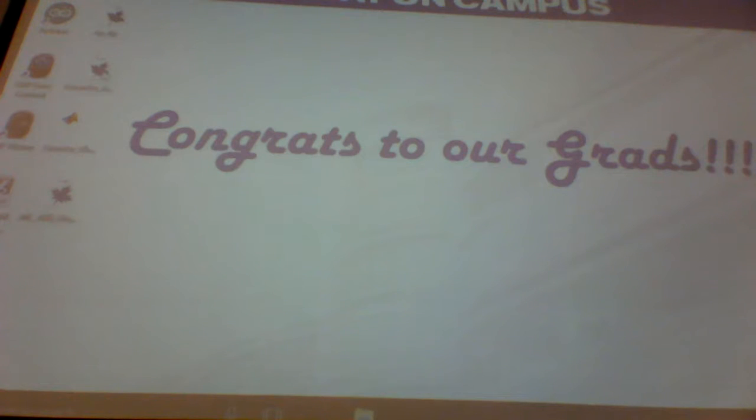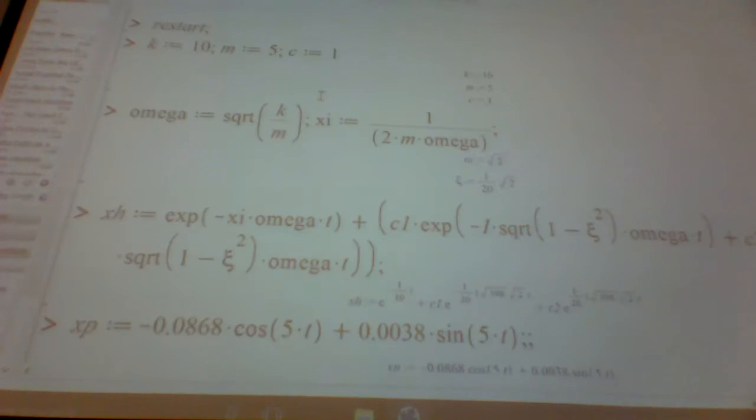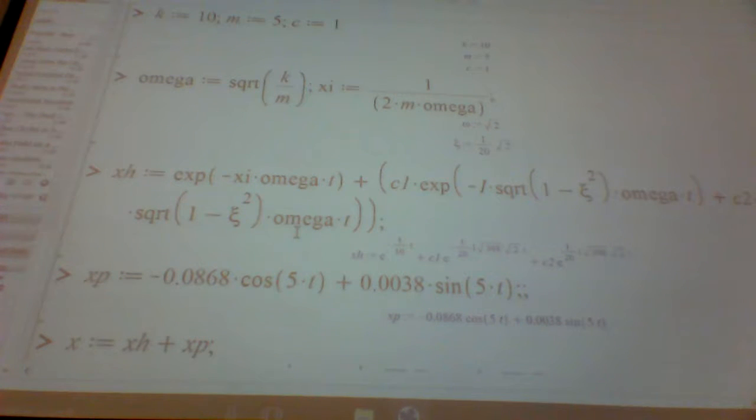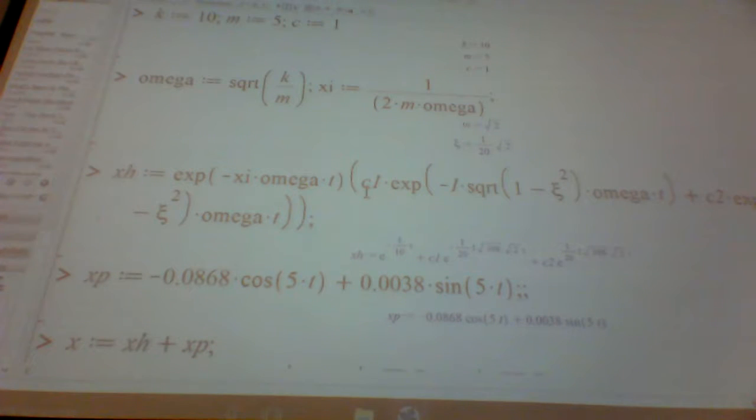So these are the original files, so maybe we can use, yeah, I can show you what's the mistake. So this is the original file. I actually saved them on my shared drive, so it will be something different uploaded. What is the mistake here for the homogeneous solution? This, instead of being a plus, needs to be a multiply.